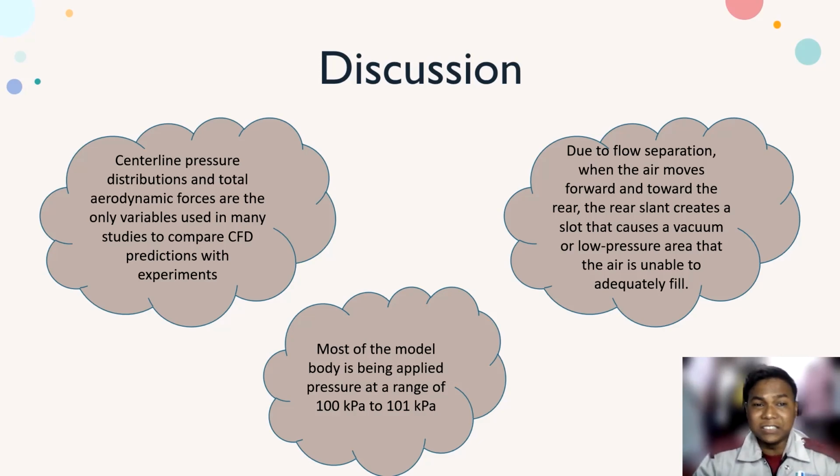After completing its design, development, and subsequent analysis, CFD findings for the various types of modification to the Ahmed body with a 10-degree rear slant angle are provided. The majority of the plots show a light greenish blue color zone, showing that the majority of the model body is being applied pressure in the range of 100 kilopascal to 101 kilopascal.